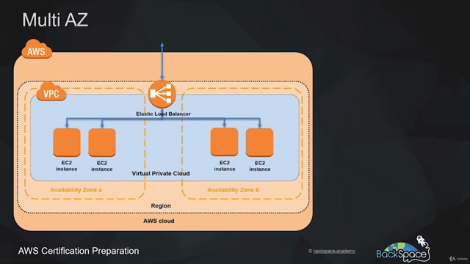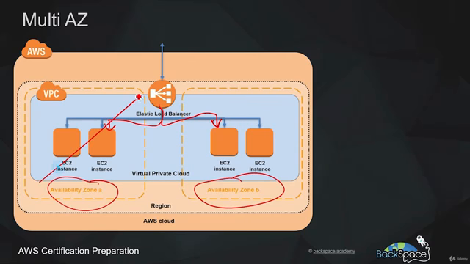We can launch EC2 instances in multiple availability zones, and our Elastic Load Balancing service can distribute that traffic across multiple availability zones as well. So if one availability zone goes down, the Elastic Load Balancer will continue to distribute traffic to the availability zone that is still healthy, and to those instances in that availability zone that are still healthy as well.